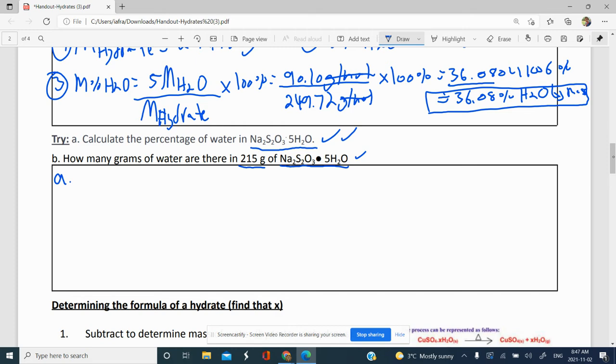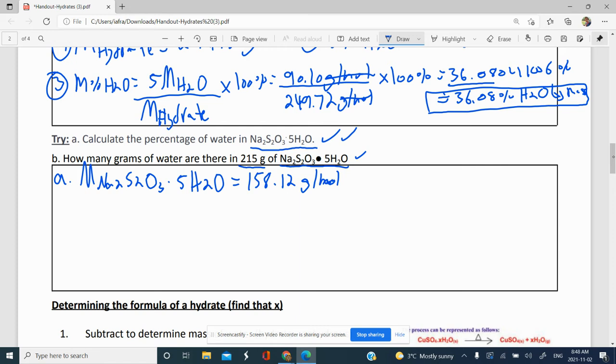We want to find the molar mass of the entire compound, Na2S2O3.5H2O. I'm going to do that in my calculator quickly. I have 2 sodiums, so 22.99 times 2, plus 2 sulfurs, so 2 times 32.07, plus 3 oxygens, so 3 times 16. So I get 158.12 grams per mole.